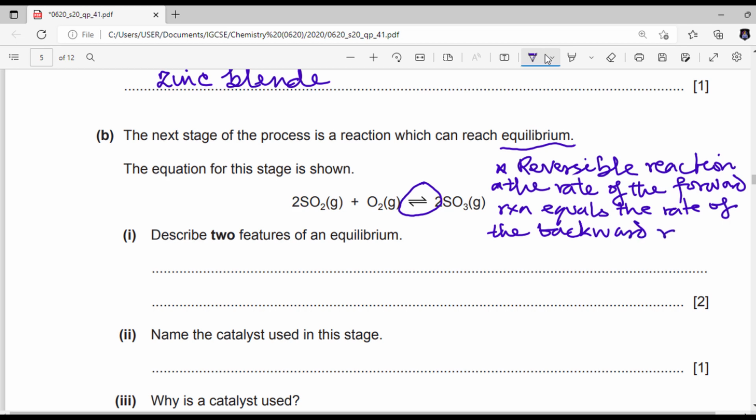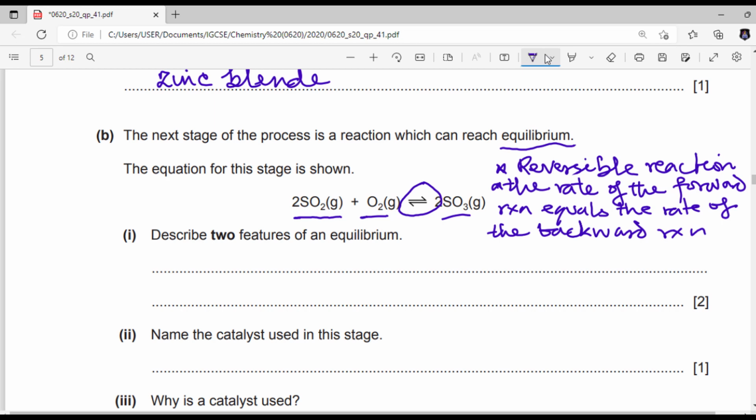Please note, it is not the forward reaction equals the backward reaction. Rather, the rate of the forward reaction equals the rate of the backward reaction. In other words, the rate at which SO2 and oxygen combine to form SO3 is equal to the rate at which SO3 decomposes back to SO2 and O2.